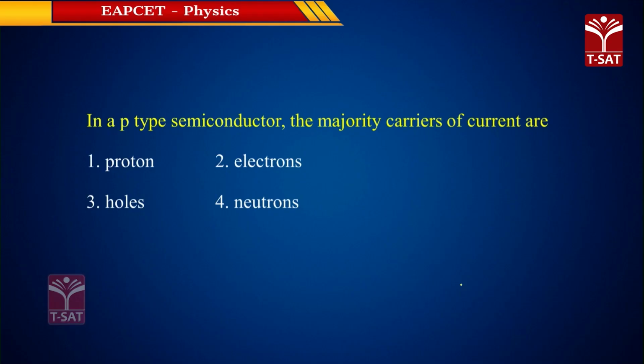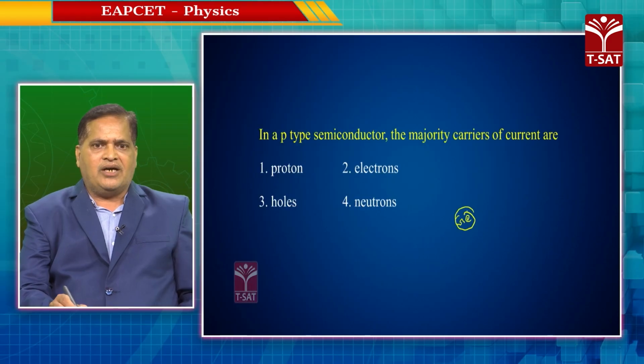And here, see children, in a p-type semiconductor, the majority charge carriers of current are here. See children, I have to tell you one thing here. Suppose we have taken germanium. On the outer side of germanium, how many electrons are there? 4 valency electrons are there. 1, 2, 3, 4 valency electrons are there.